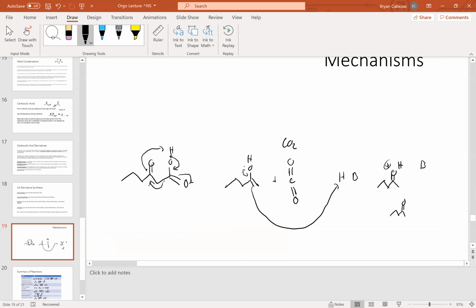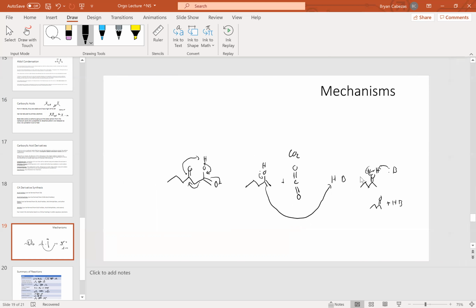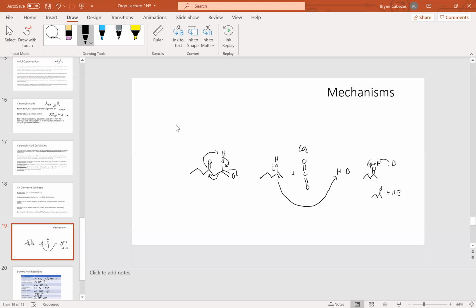This group is going to go back into the oxygen, and this would be our final result, right? This is the decarboxylation of the beta keto acid. Okay, so now that's the mechanism. You can pause and jot it down.